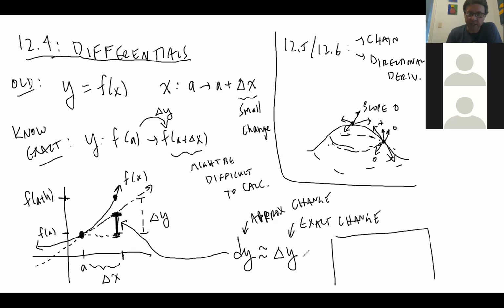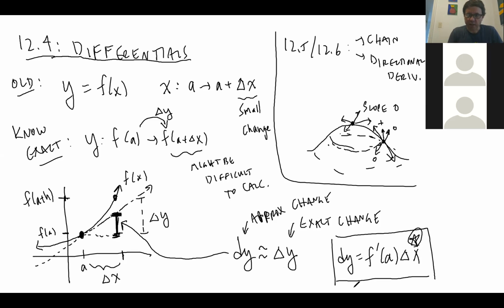And how do you calculate the dy? What you do is dy is exactly the derivative at that point, a, and that'll give me the slope, and then I just multiply by the run in order to get the rise. And in that case, the run is delta x. So put a star on that.